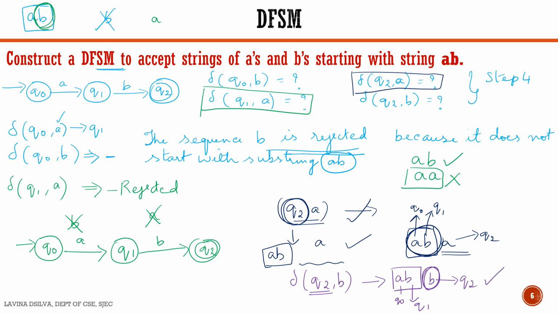Again this will be accepted because A, B, A, and this is A, B, B. We have already seen the string starts with A, B, and therefore we are not worried about what happens afterwards. Sequence A, B, B can be accepted.